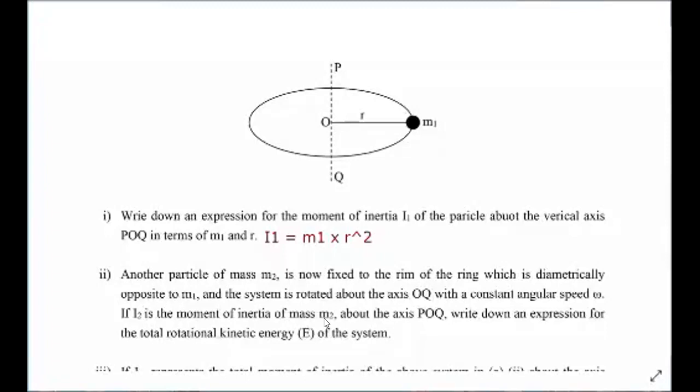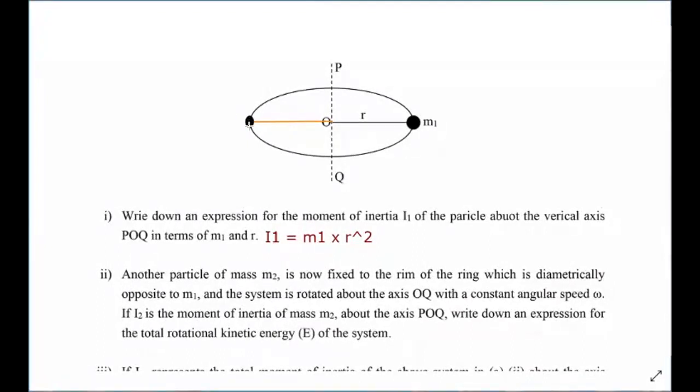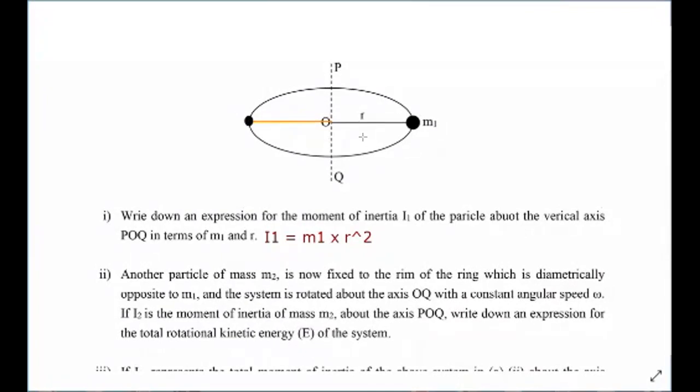So they take another particle. That particle is connected to the other end of the rim like this. Actually, no need to mark the radius like this. The only thing is you should mark the particle. So this is the other particle. Even no need to draw the rim.